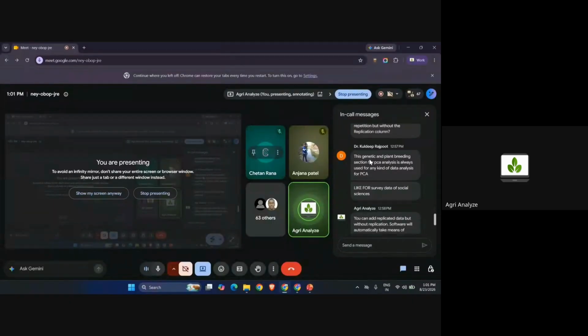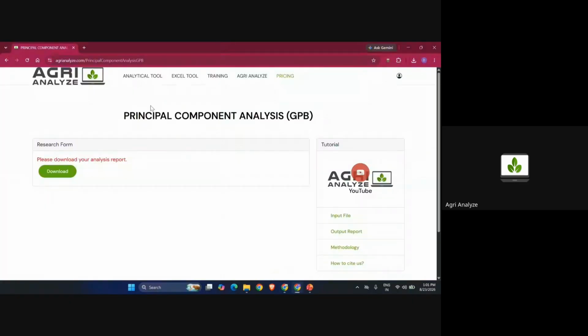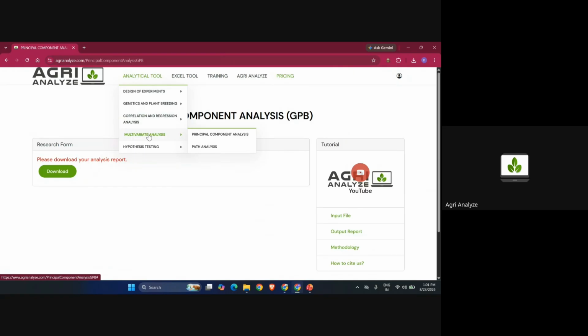Dr. Kuldeep Rajput, if you have unreplicated data for your survey, then you have to simply click on analytical tool, then in multivariate analysis, principal component analysis is given for unreplicated data.